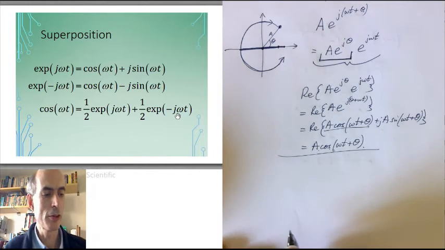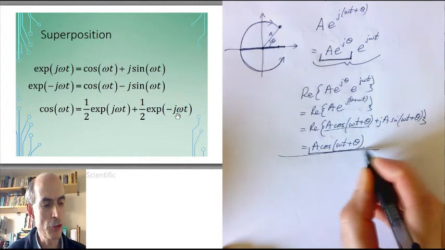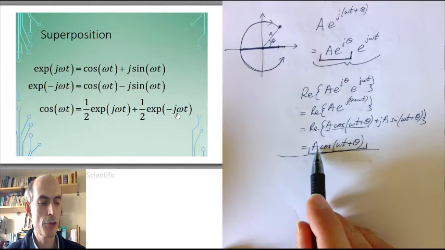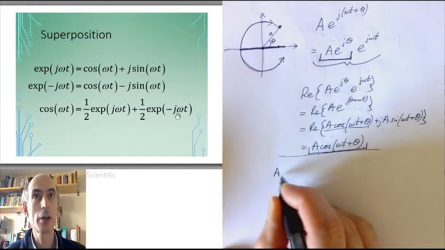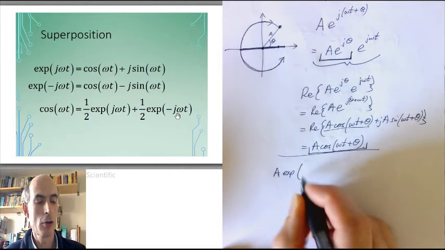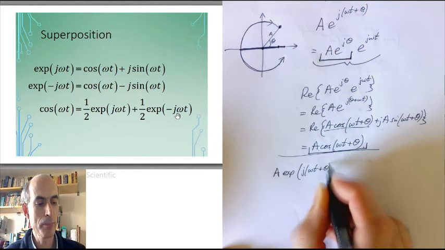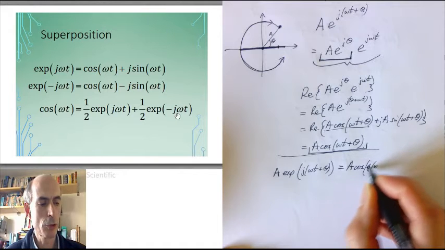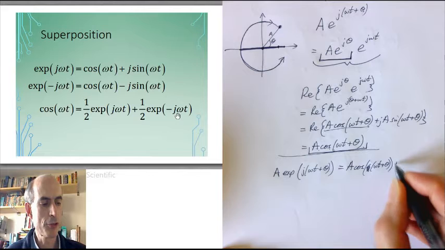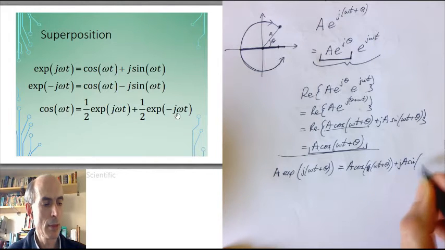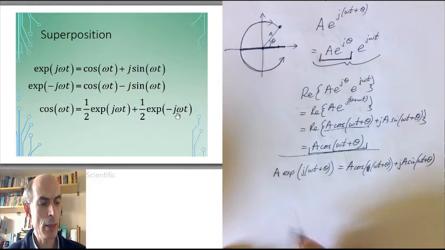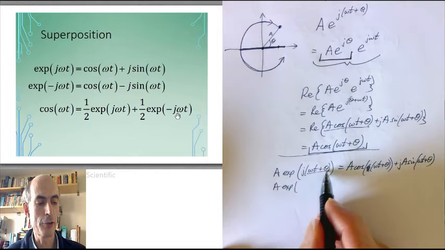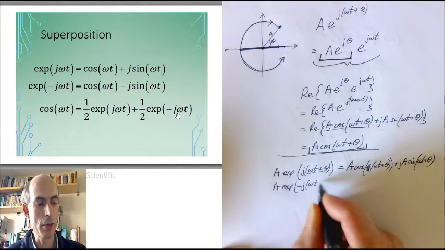If we're trying to deal in general with a real oscillation which has an amplitude and a phase like this one, then we'd have to consider the sinusoid A times the exponent of j (omega t plus theta), and that's equal to A cosine (omega t plus theta) plus jA sine (omega t plus theta), and A exponent with a negative version of this phase term, minus j (omega t plus theta).